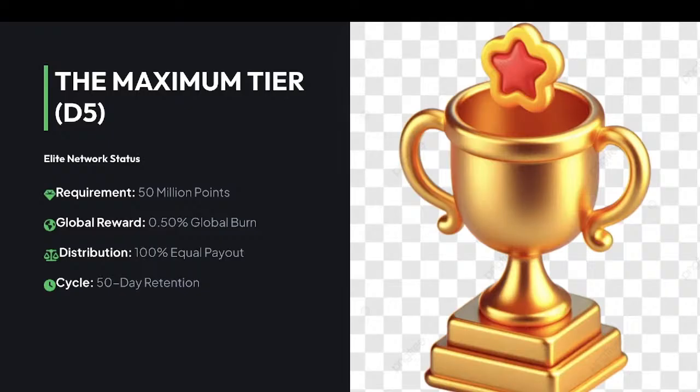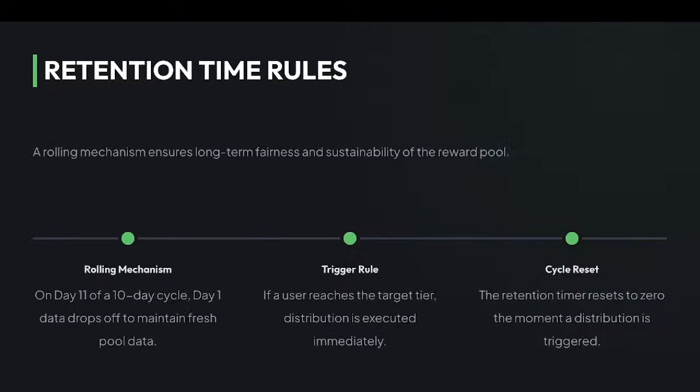So let's go here. This slide explains the rolling retention mechanism. These rules are the mathematical engineering that keeps the reward system fair, active, and sustainable over the long term. So the first rule is the data rollover. The system uses a sliding window rather than a fixed calendar mode.